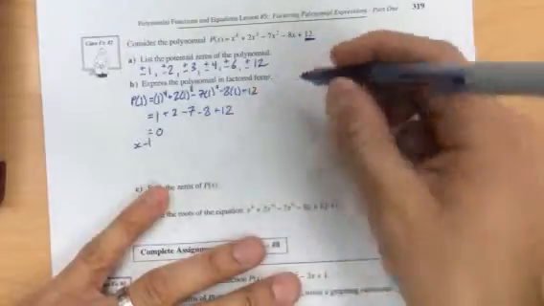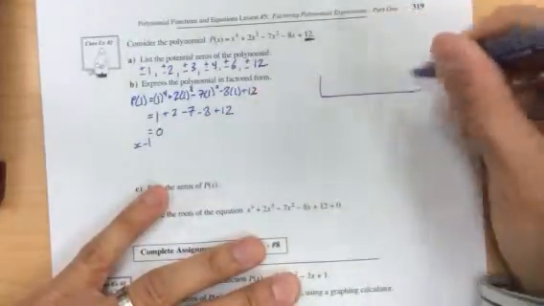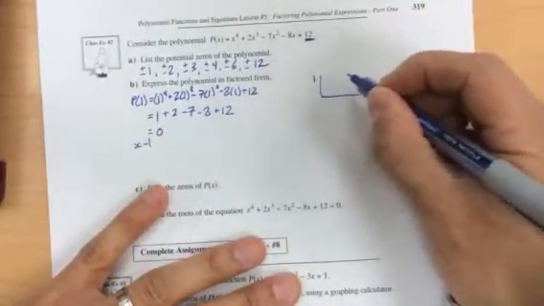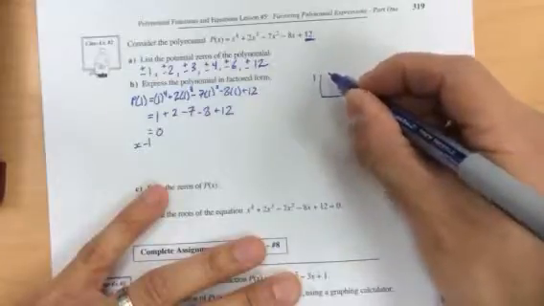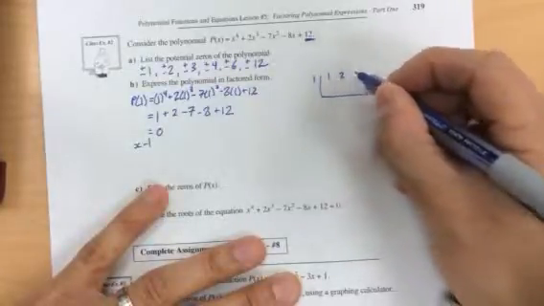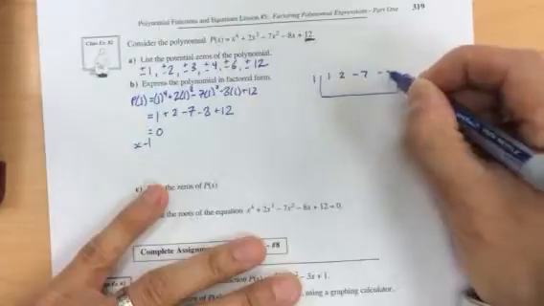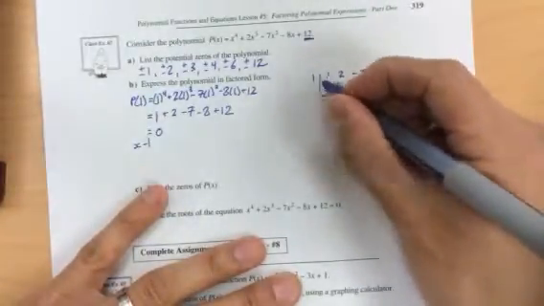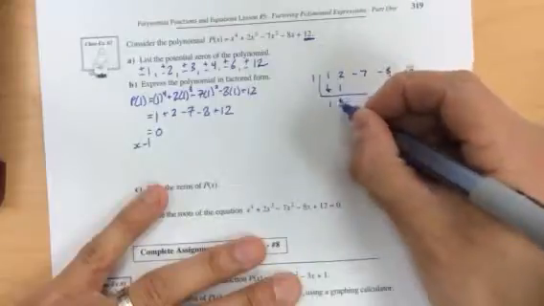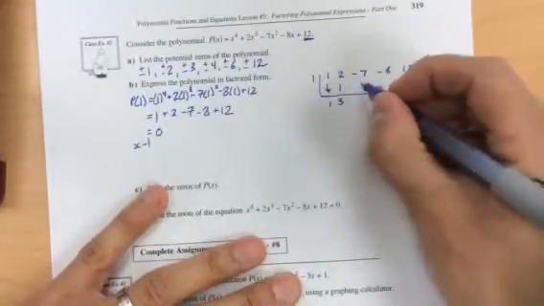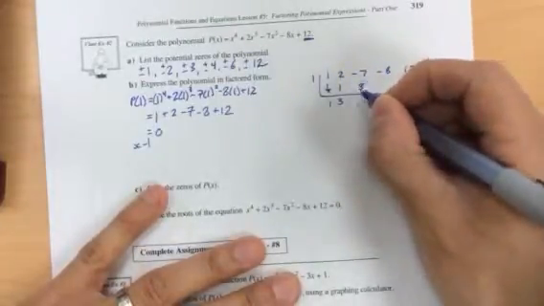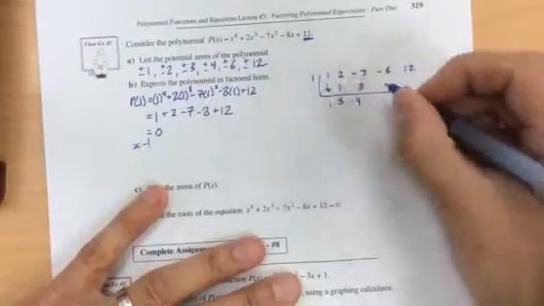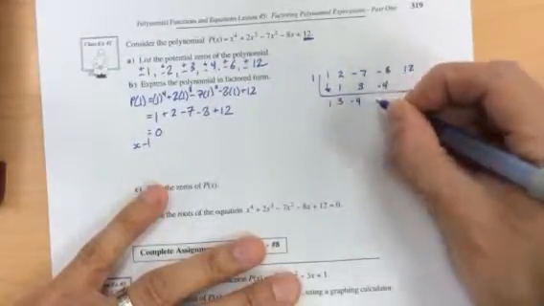So then I'll plug this into my synthetic division. So 1, and then I'm left with 1, 2, minus 7, minus 8, and 12. Bring down the 1, that's 1. 1 times 1 is 1. 2 plus 1 is 3. 3 times 1 is 3. Negative 7 plus 3 is negative 4. Times 1 is negative 4.